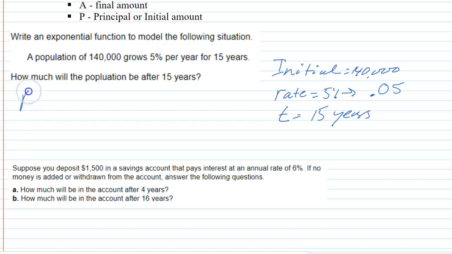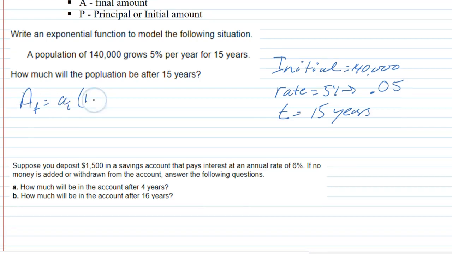So that means our final amount is equal to our initial amount times 1 plus, the reason why I'm using plus is it's growing, 0.05, because that is our rate, raised to the power of t, and our time is 15 years. Our initial amount was 140,000. Now, instead of saying A final, we can also say y if we're going to be graphing this.